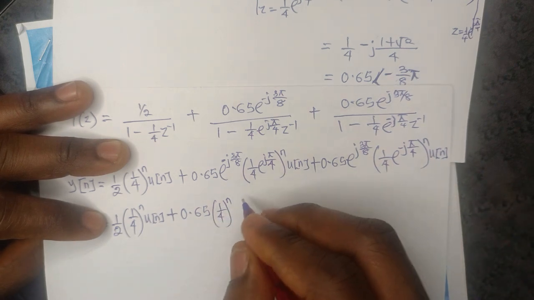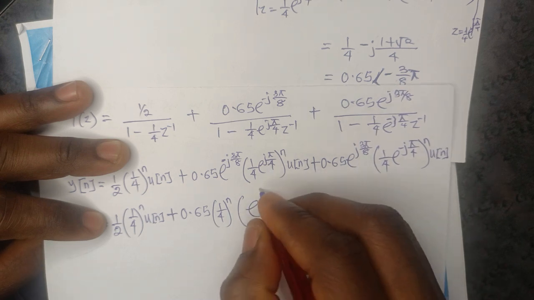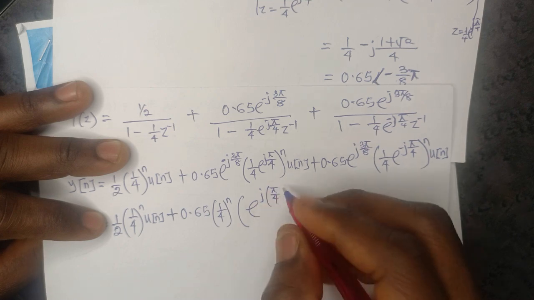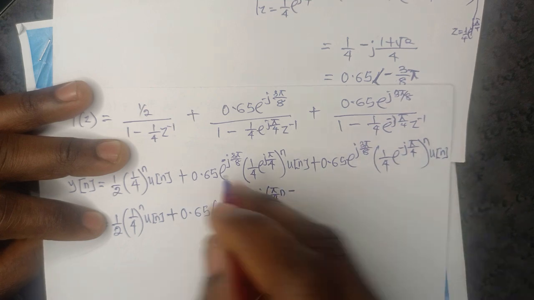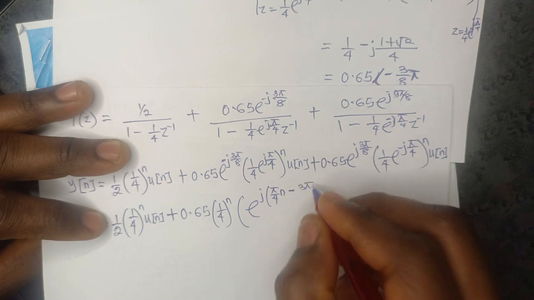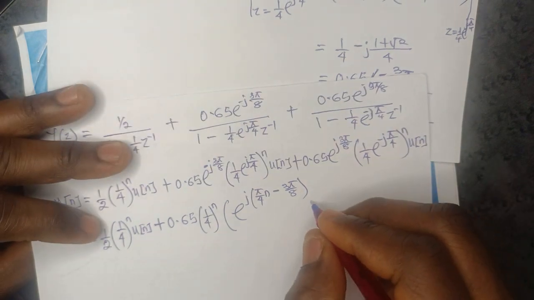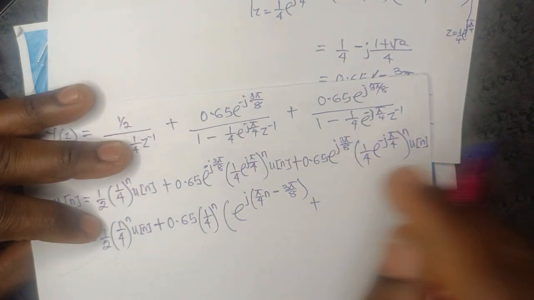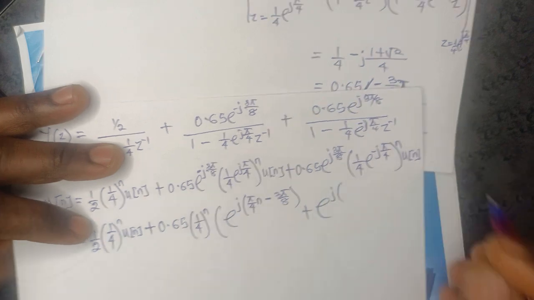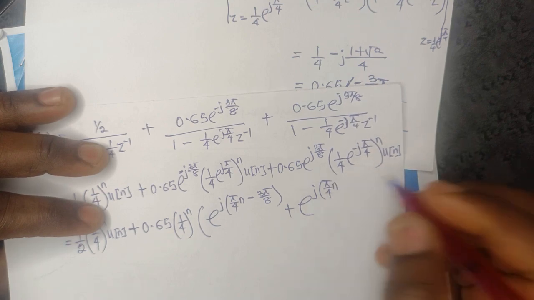So it's going to be e raised to power j pi all over 4 n minus this guy 3 pi all over 8. Also, this one can come together as e raised to power j pi all over 4 n.